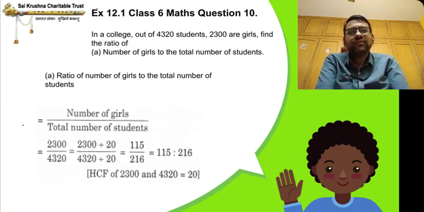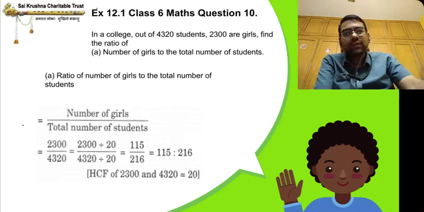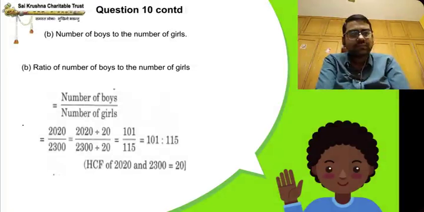To get the simplest form, we divide both numerator and denominator by 20. Why 20? Because the HCF of 2,300 and 4,320 is 20, which gives 115 by 216. So this is the fractional form of the ratio 115 is to 216.